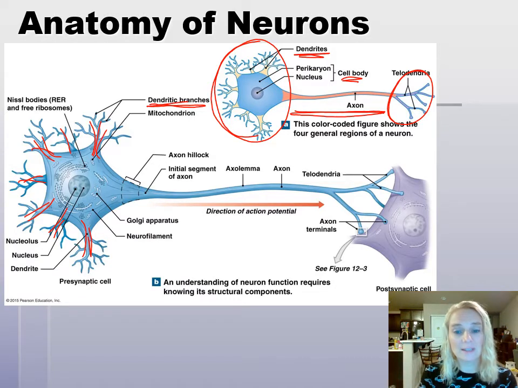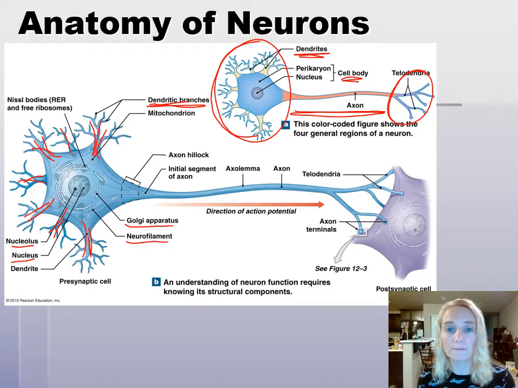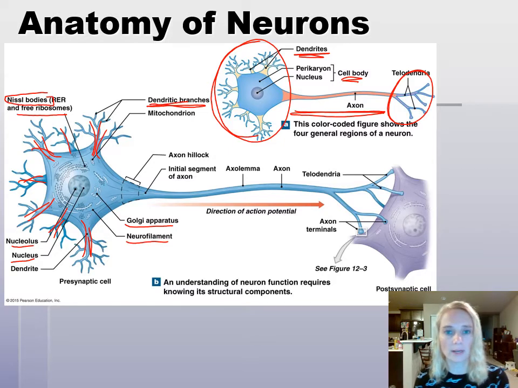Within the cell structure itself, we have the nucleus and the nucleolus. That's typical of regular old eukaryotic cells. We have Golgi bodies. We have part of the cytoskeleton called neurofilaments. And then we have some rough endoplasmic reticulum, which we call specifically Nissl bodies.